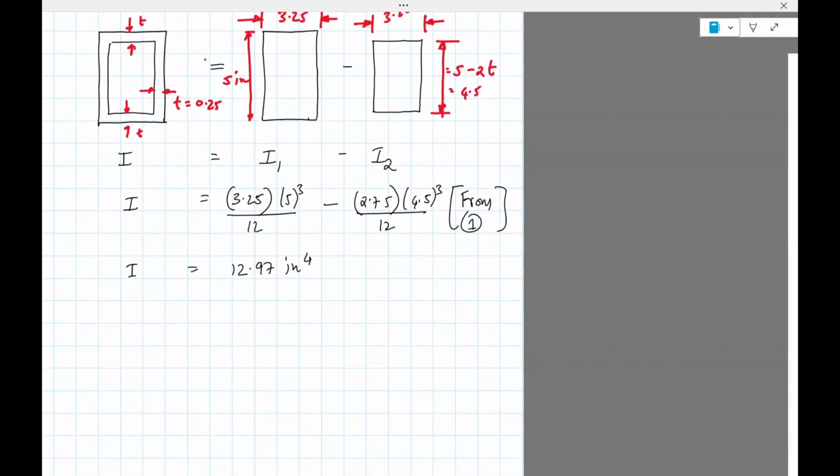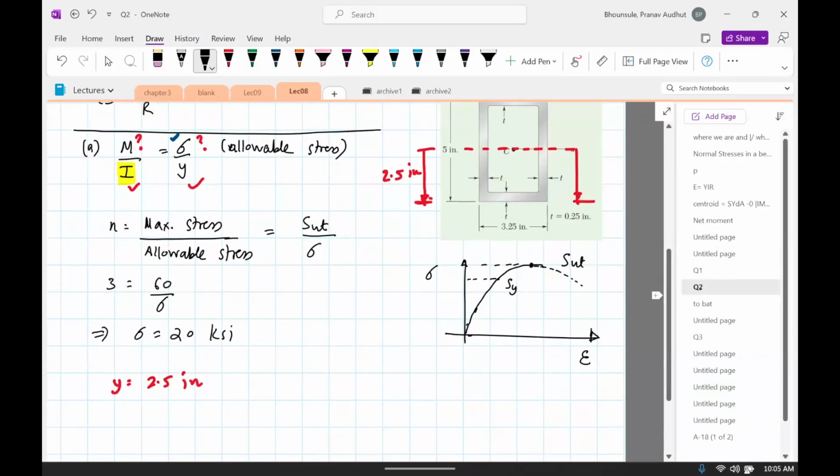Now we're all set to compute m. It's m is sigma I divided by y. Sigma, we had computed 20 ksi from the factor of safety. I is the answer right above here. And y, remember, was height divided by 2. I think I put it down somewhere here. It's 2.5 inches.